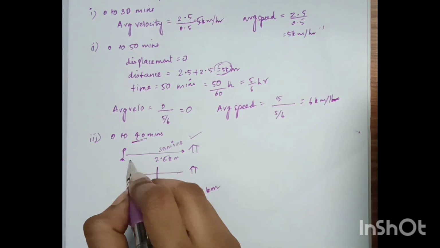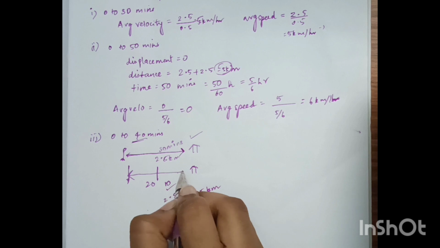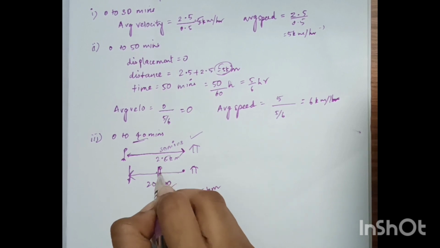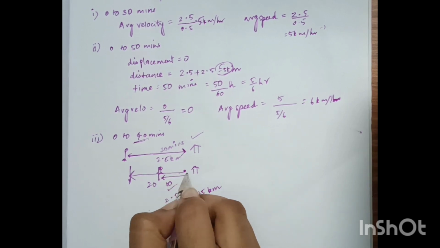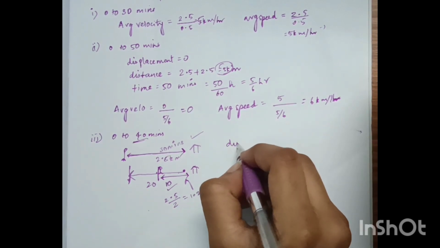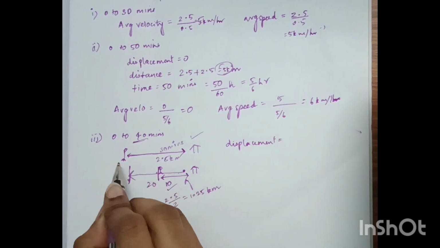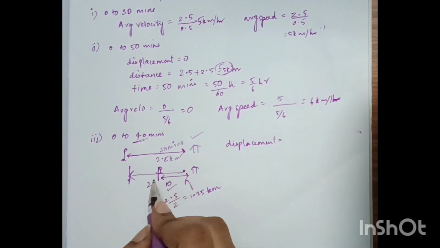Now this distance is 2.5 kilometer. Now he is standing here. This distance is 1.25 kilometers. Now, what is the displacement? Distance between initial and final points.